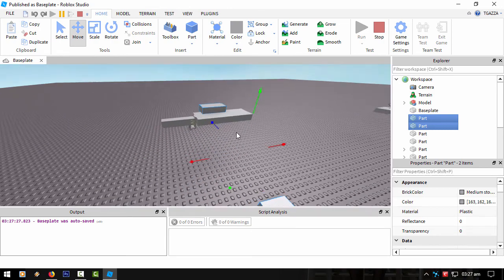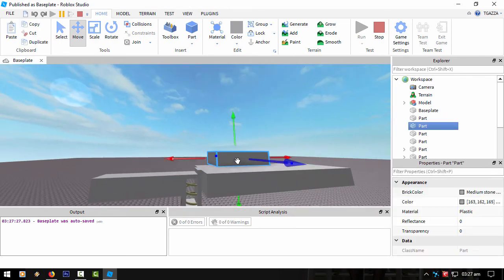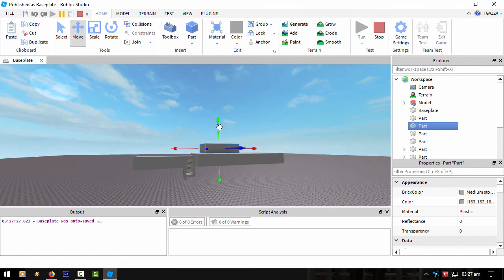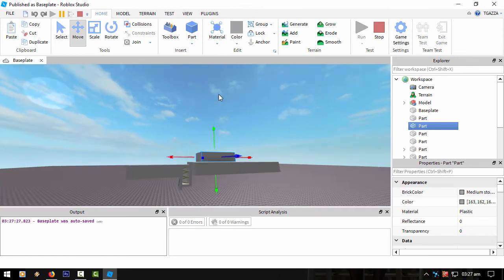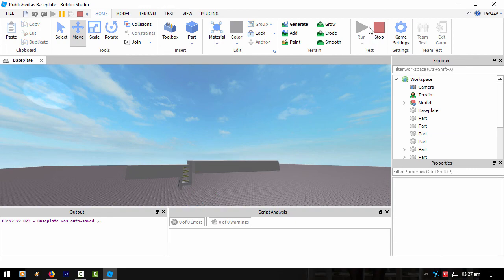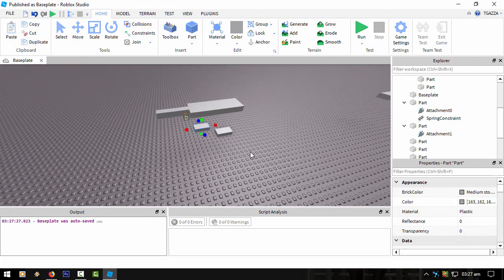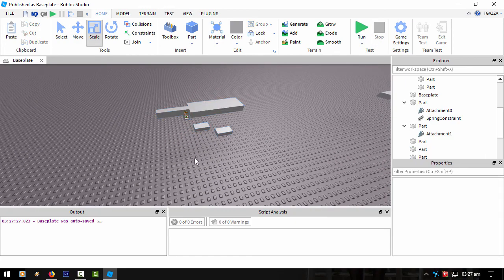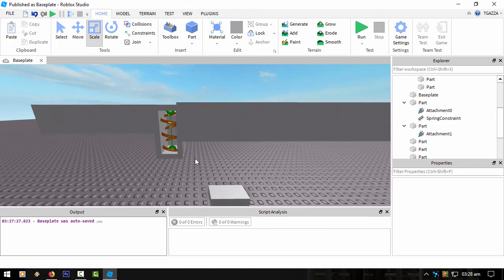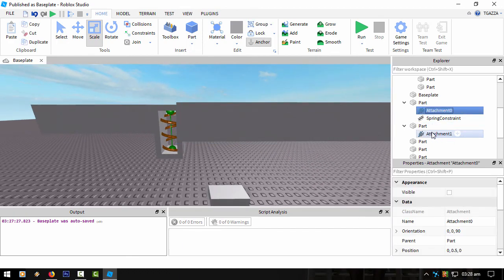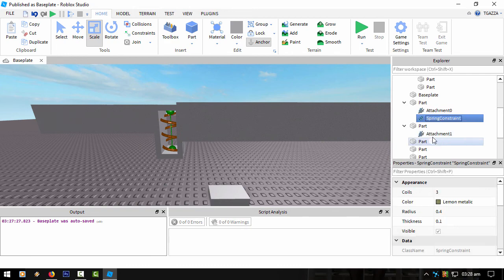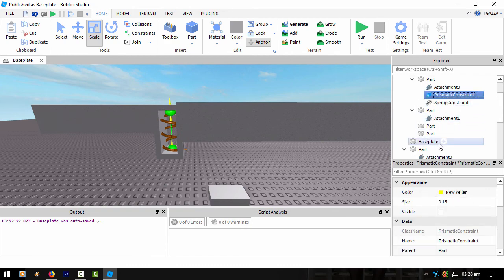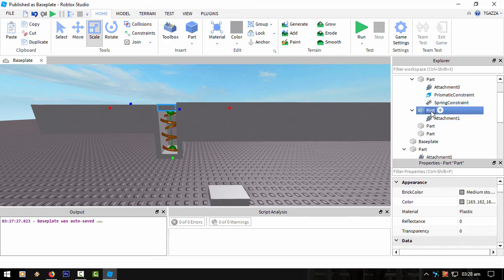There you go. You see that? There you go. So that's what you can do with the spring, if you like. The way I sort of attach those parts is I'm using the same attachment point for both the spring constraint and the prismatic, I think.